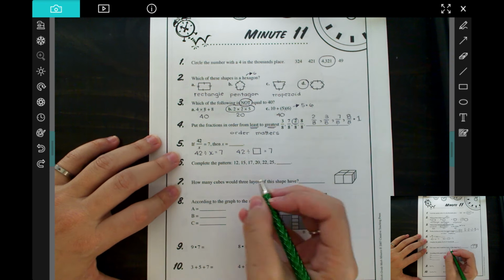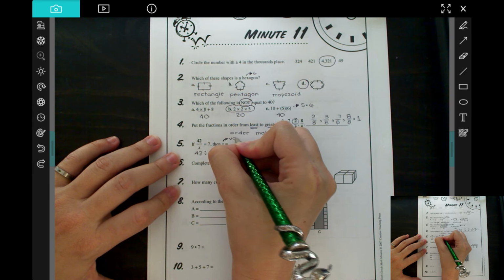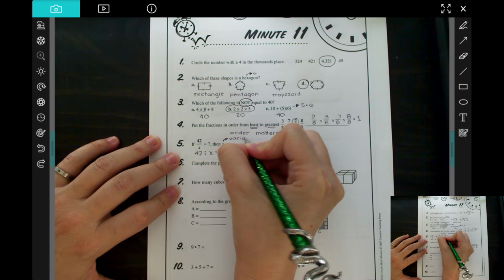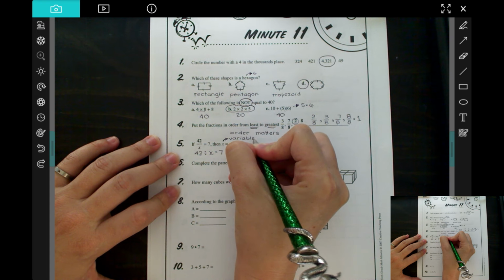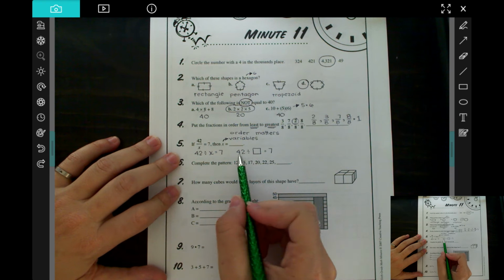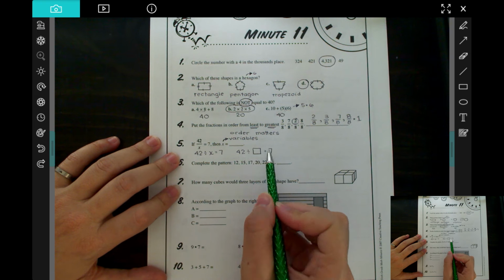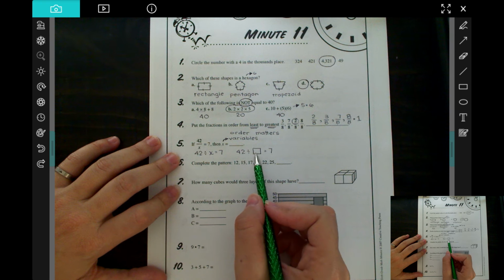Algebra uses something called variables, which are letters, to indicate unknown numbers. So they're almost like superheroes where you have to unmask them and figure out their true identities. So if we know that 42 divided by some number equals 7, we have to figure that out.